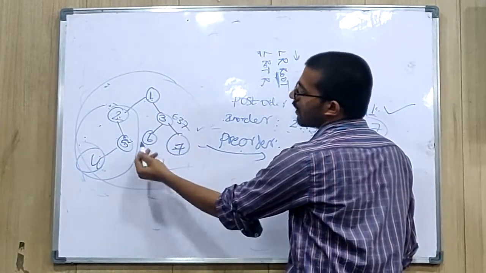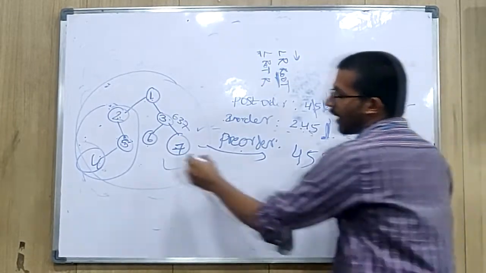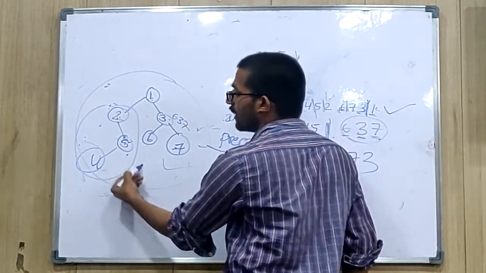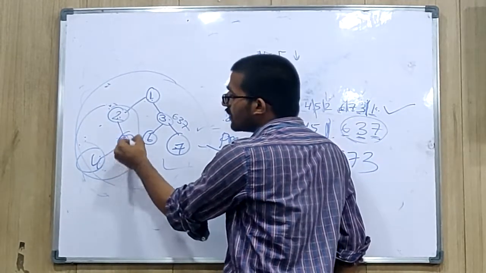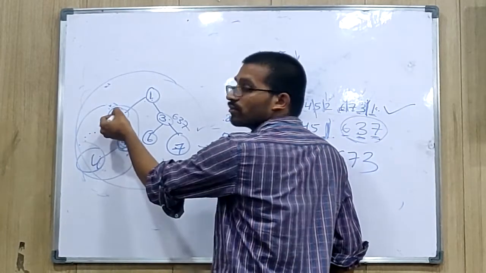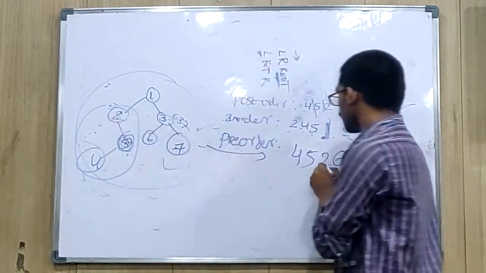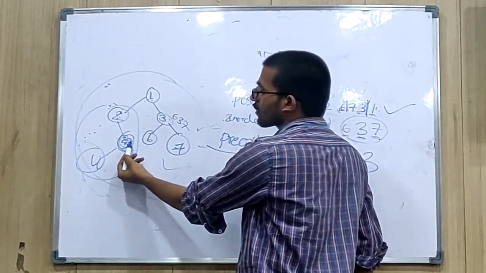Then again travels left, right, root: 6, 7, 3. I can explain here. 4, right, 5. Before entering this, it is the part of this check here. Left, right, root. So 5 comes immediately after 2. Clear? 4 right, 5 root.